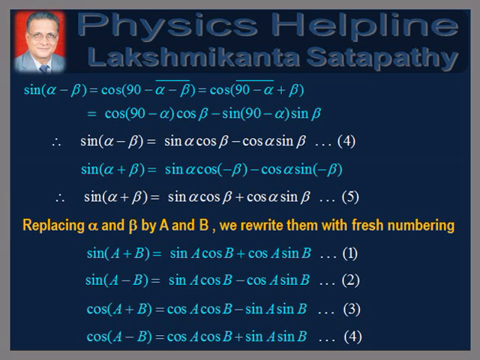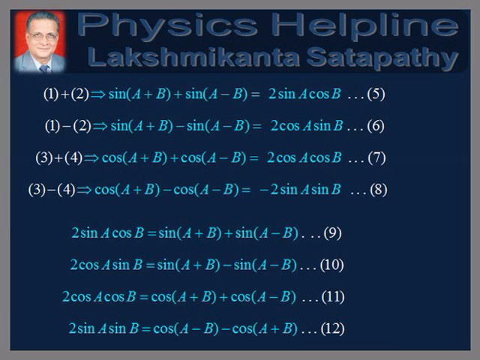Now, for a purpose, we replace alpha and beta with A and B and rewrite the four identities with fresh numbering. The identities for sin(A plus B), sin(A minus B), cos(A plus B) and cos(A minus B) are given in equations 1, 2, 3 and 4.